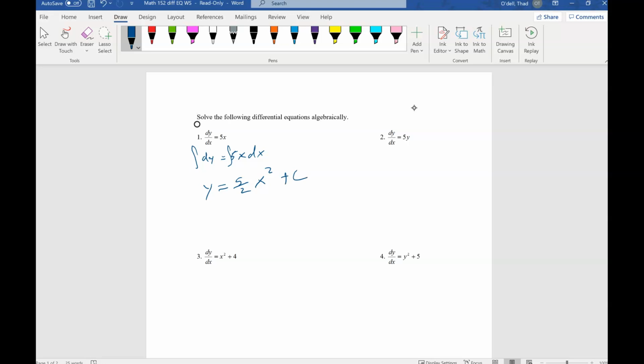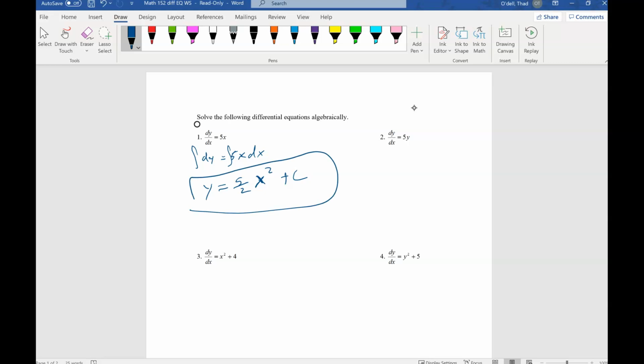And that would be it, because you already have y by itself. Because usually the end result of these general form equations is that you want to get y by itself. You want it in explicit form. So that would be your answer for that one.